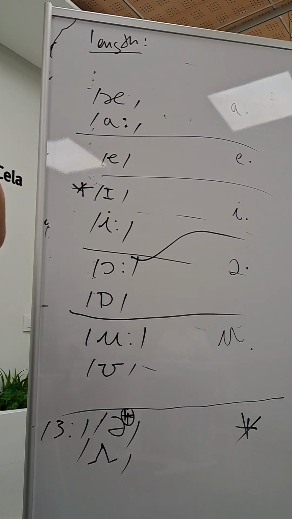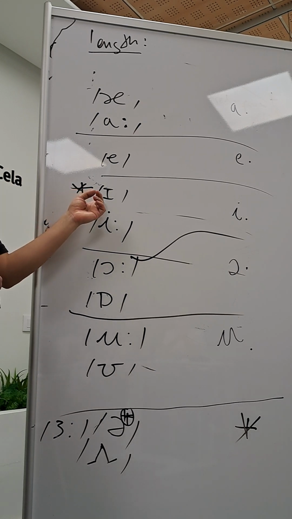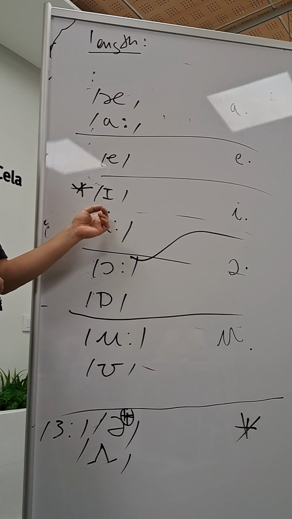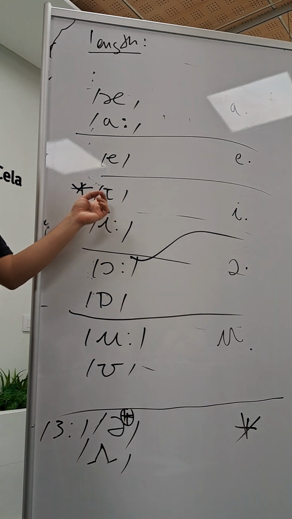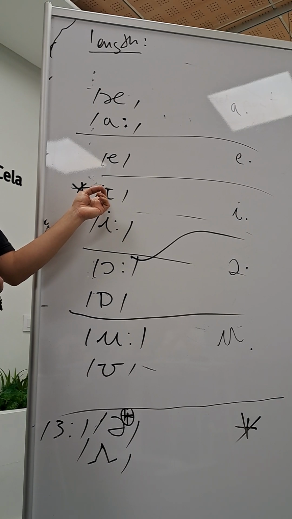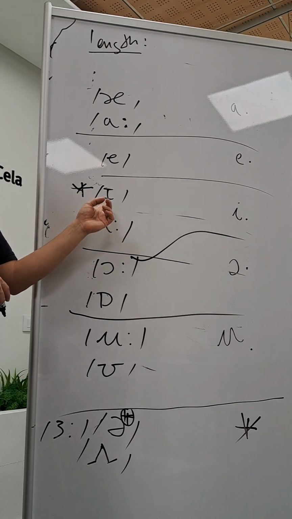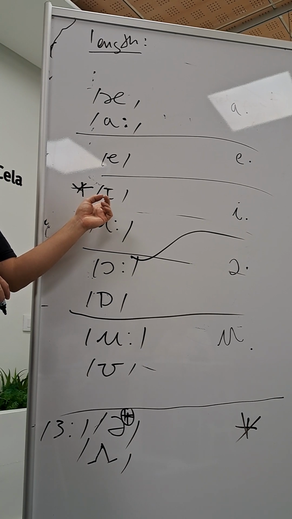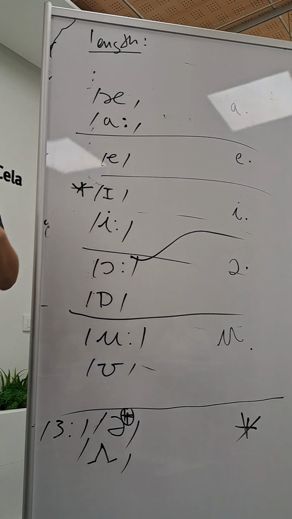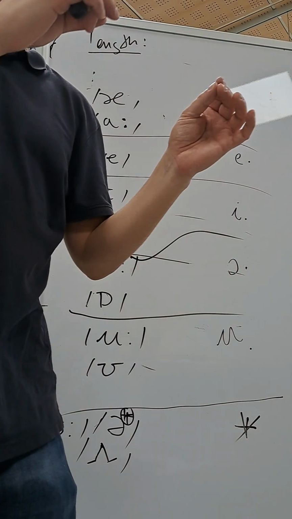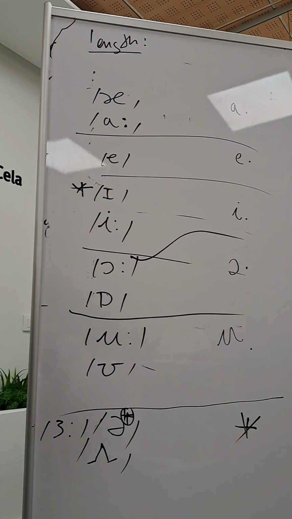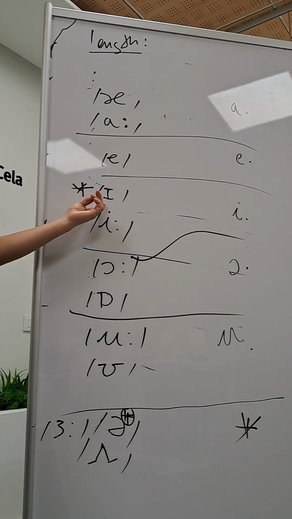When you say fish, is it a front or back vowel? Front, but not as fronted as this. Is it an open or closed vowel? Rather closed, but not as closed as this. Mid-closed, not totally closed. When it comes to length, it's short.